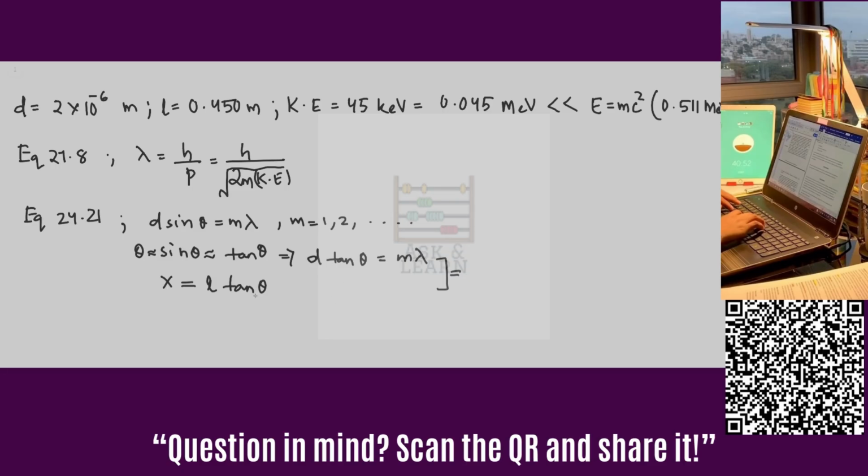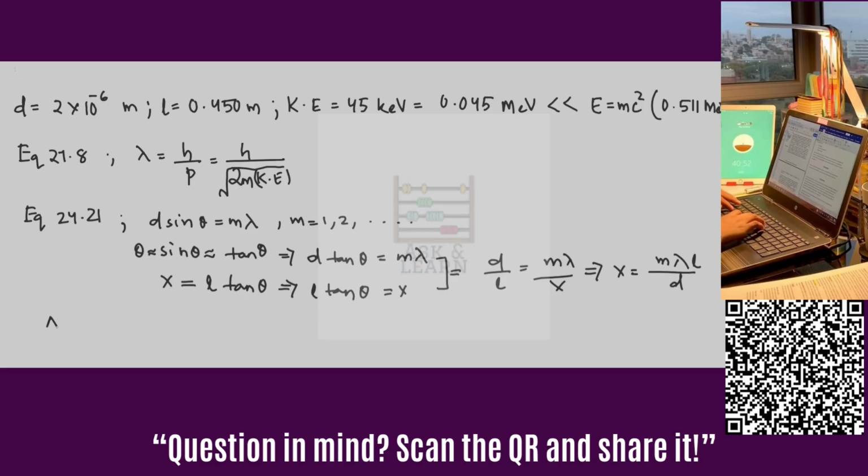So this equation over this, so let's write it so it will be easy for us to take the ratio. So now we can take a ratio. So d over L, because tan theta cancels out, will be equal to m lambda over x. This means that x will be equal to m lambda L over d.